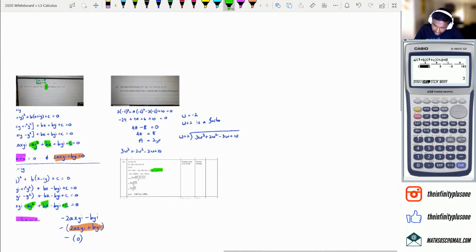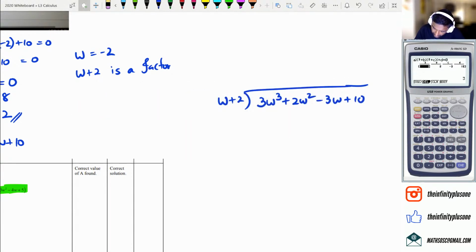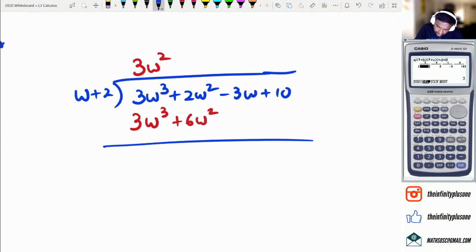But if you are doing long division, since this has taken over my space, let's just move that. So how it works is, I'm going to go through this real quickly, guys. I'm going to go 3w times w is 3w squared. So that's 3w cubed plus 6w squared. Then I've got to subtract. I'm going to get negative 4w squared minus 3w.